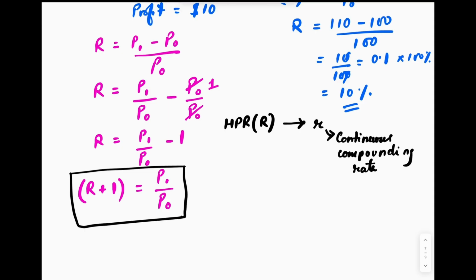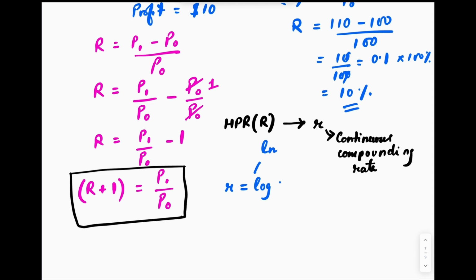So basically, to calculate continuous compounding, that is small r, we have to use log, alright? Log is also written as ln. So you can write it any way you want.